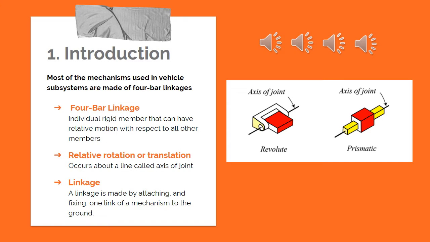Relative rotation or translation happens between two connected links via revolute or prismatic joints, and this occurs about a line called the axis of the joint. As we can see in the picture, two links are connected by a joint where their relative motion can be expressed by a single coordinate, and usually joints are revolute or prismatic.